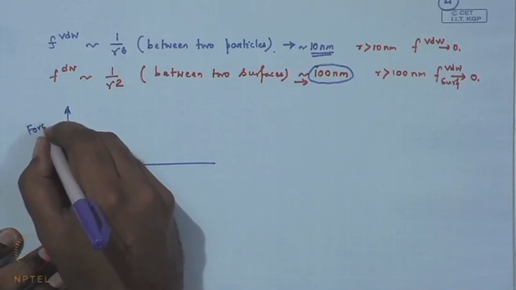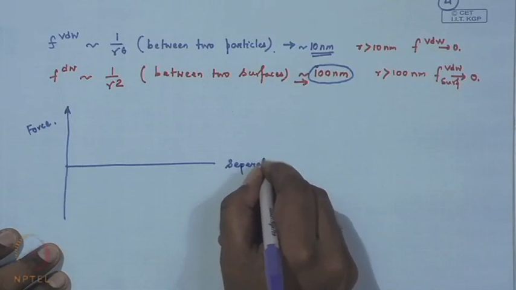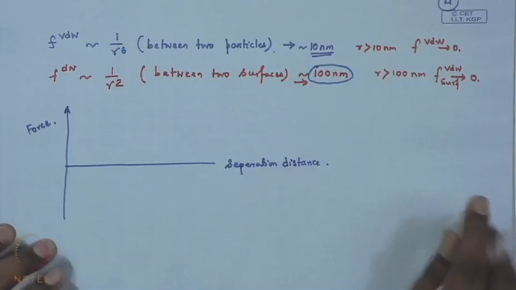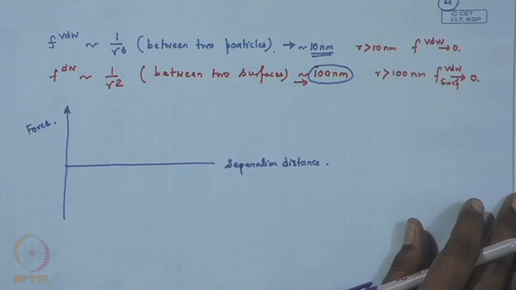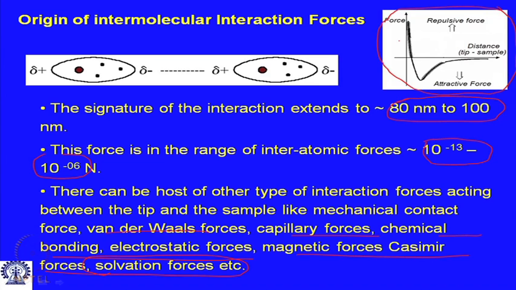It can be the famous Lennard-Jones potential, or any other type of potential. What it gives you is an idea of how the force between, let us say, two particles or two surfaces changes as a function of separation distance.